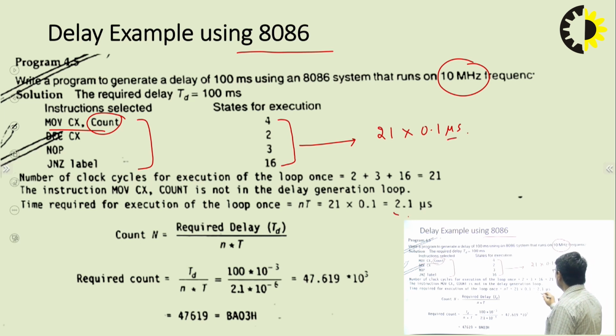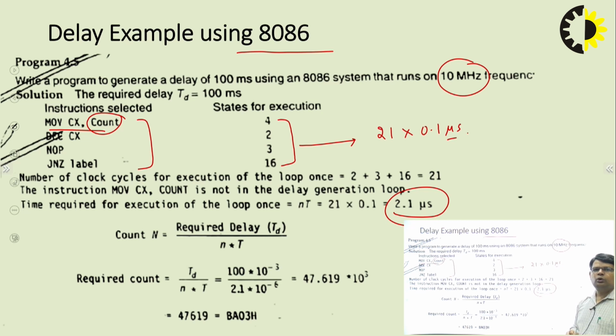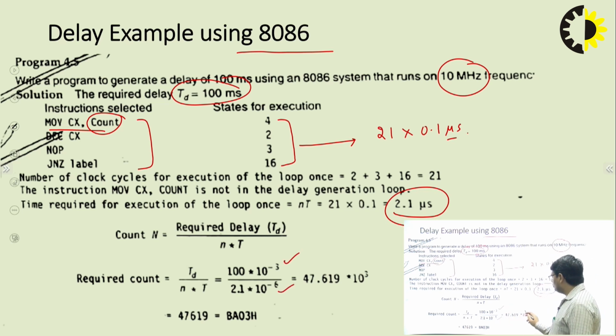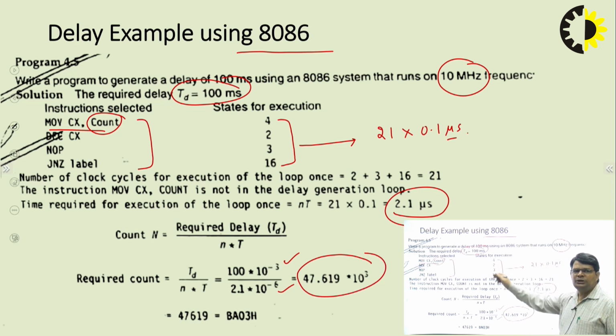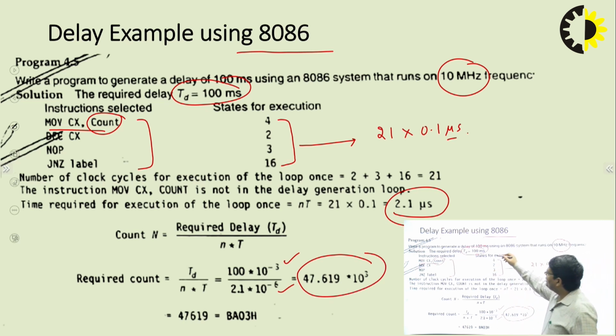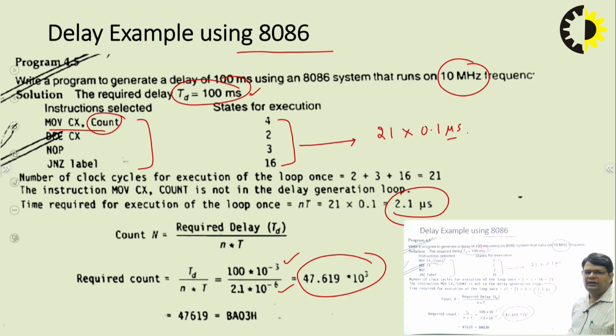So 2.1 microsecond is the time required for executing the loop once, and the required delay to be generated is 100 millisecond. How many times we need to repeat the loop is computed by this. So this many times the delay loop needs to be repeated for generating this 100 millisecond of delay.